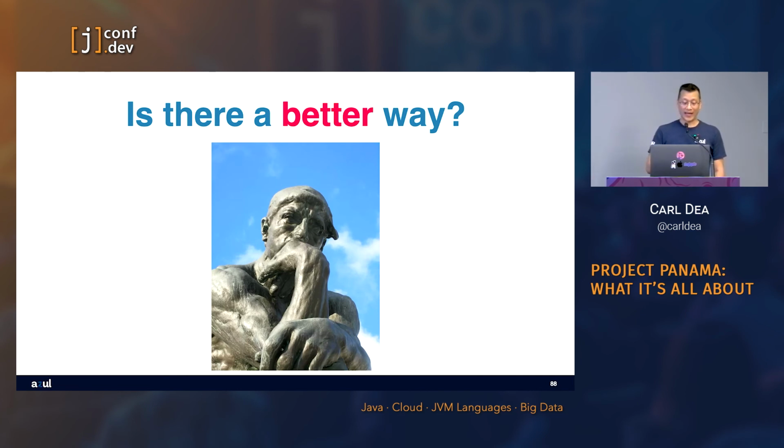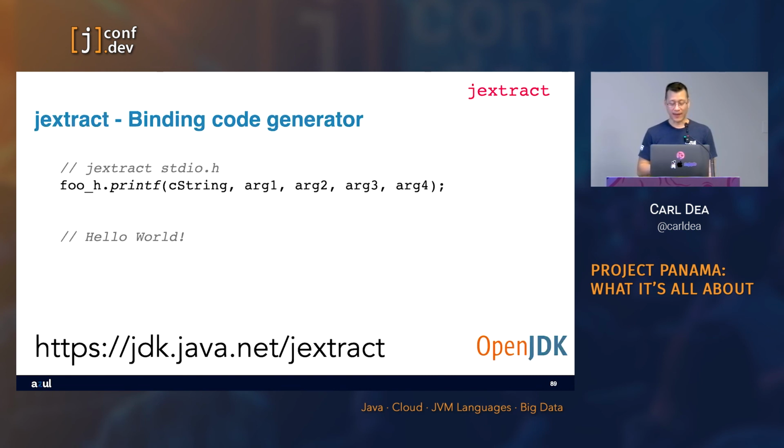So is there a better way? I kind of explained that. And if you use JExtract, I don't explain JExtract in this brief tutorial, but it's really cool. You could point it to a header file. I point it to stdio. You can only point it to one header file. So if you wanted multiple header files, like the SDL library, OpenGL.h, and stdio, you can put them in one file called foo.h, and you just include those three headers, and then you run JExtract against it, boom, it'll create all the functions for you.